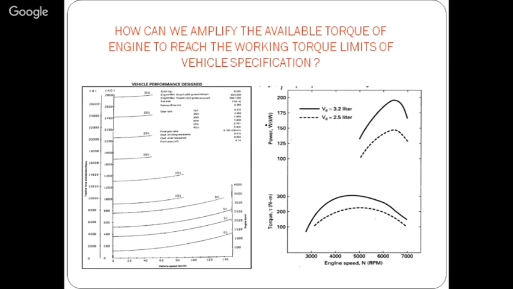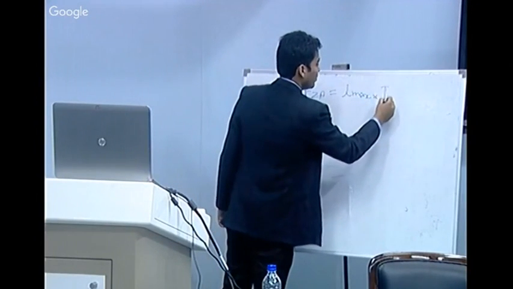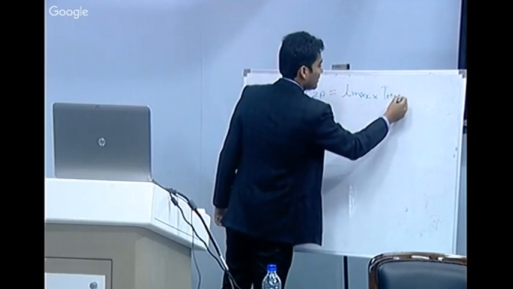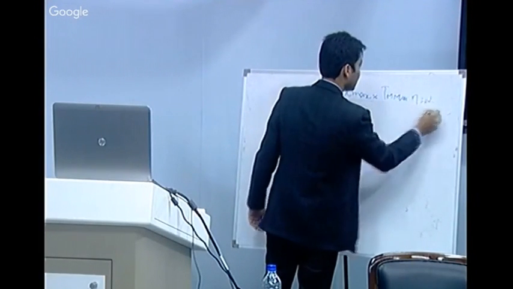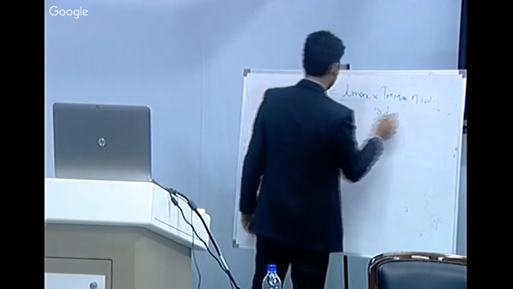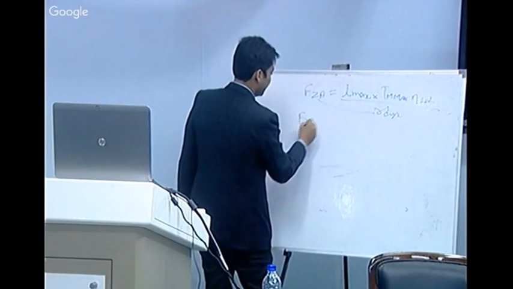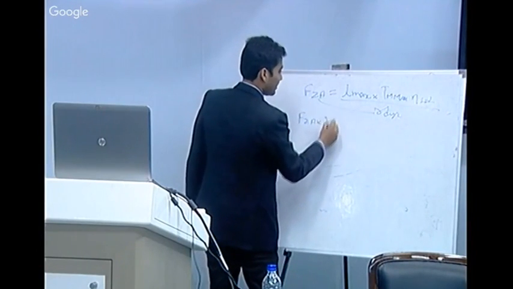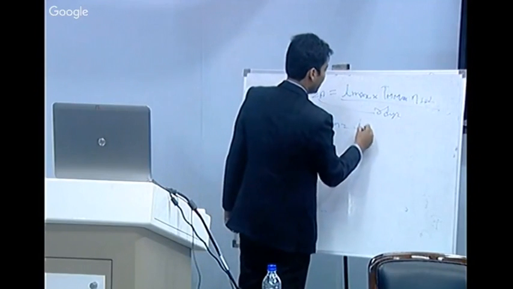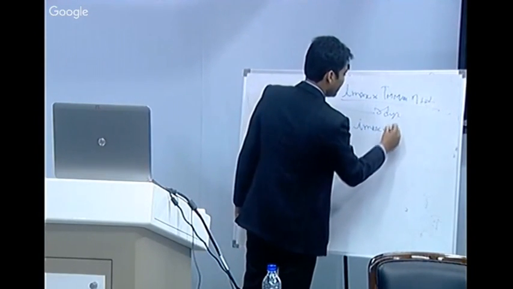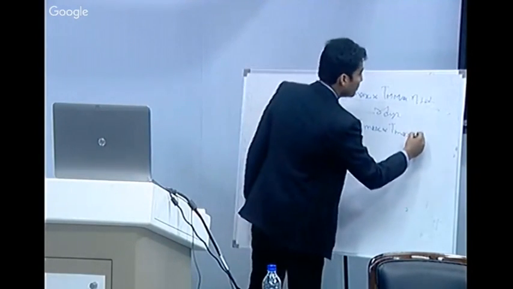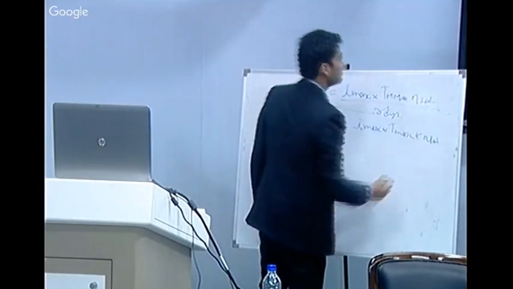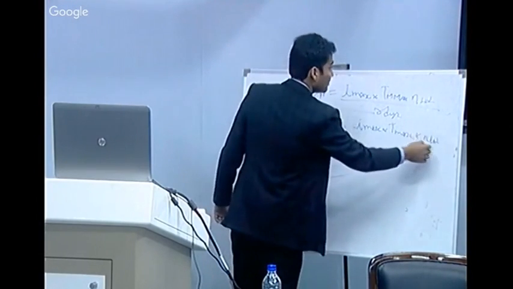And this power requirement I calculated in the previous slide. This F_ZA into R dynamic is equal to I_max into T_max into the efficiency of the vehicle.